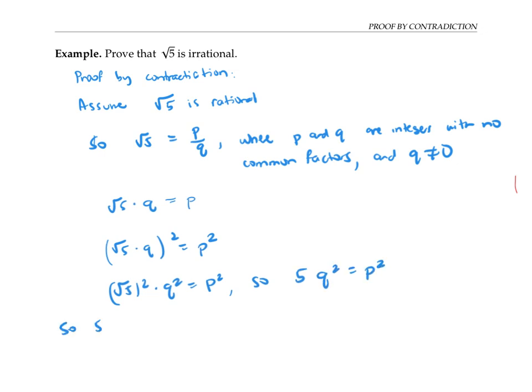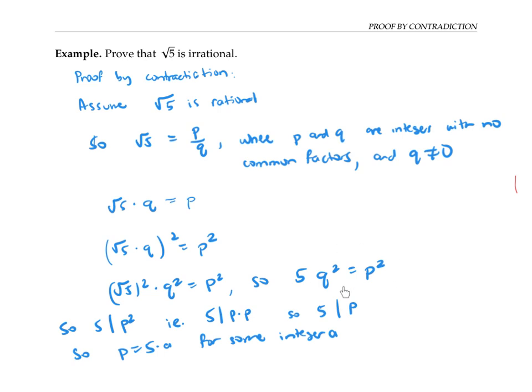So 5 divides p squared, which is p times p, and by the fact we mentioned earlier, if 5, which is our prime, divides a product of two integers, then it must divide one integer or the other. In this case, the two integers are the same, so 5 has to divide p. So we can write p as 5 times a for some integer a.